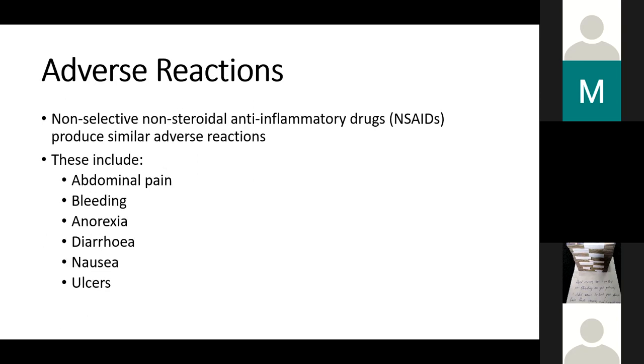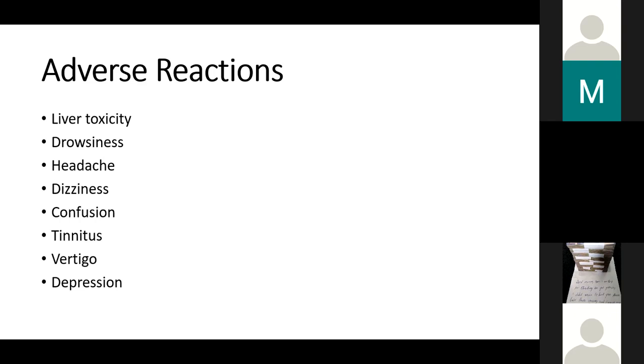So top of the list of side effects: abdominal pain, bleeding, anorexia, diarrhea, nausea, gastric ulcers, and then liver toxicity. They also note the CNS side effects: the tinnitus, the vertigo, and the depression.